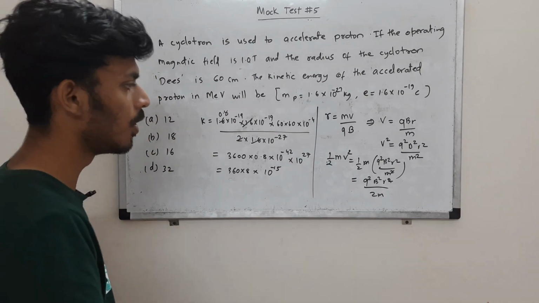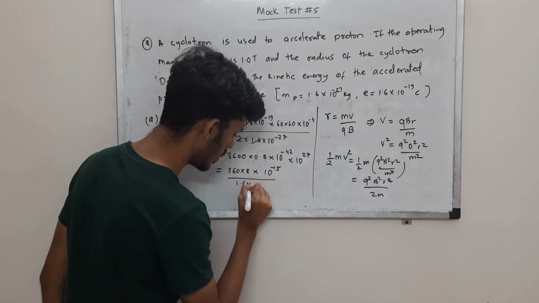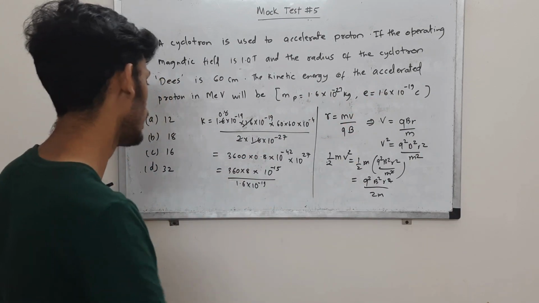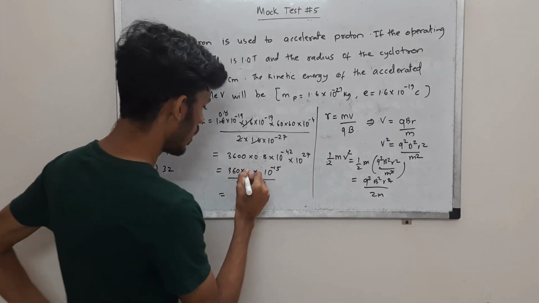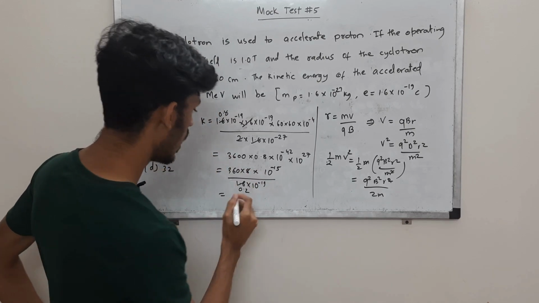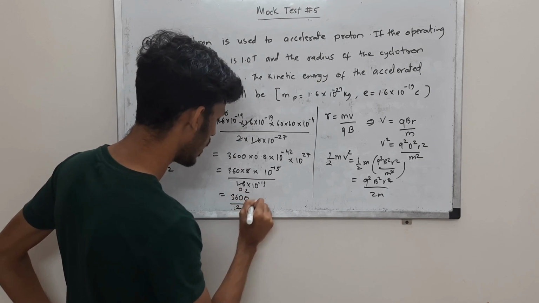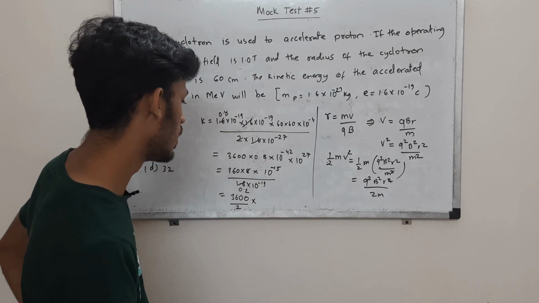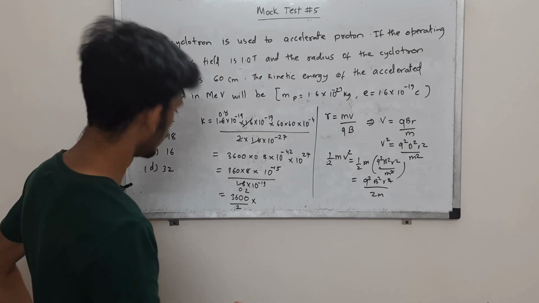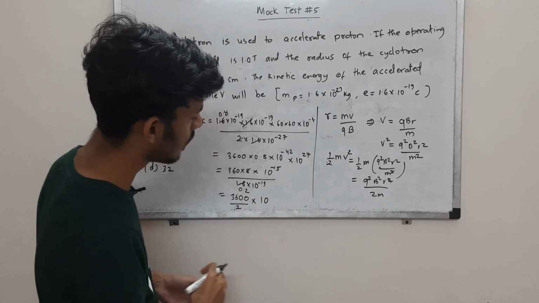You want to convert it into electron volts, so you have to divide it by 1.6 into 10 to the power minus 19, this e, to convert it into electron volts. So 8 2s are 16, so like 0.2, and you can actually multiply this. 3600 it will become, and into 2, and this will be minus 19 minus 15 plus 4.